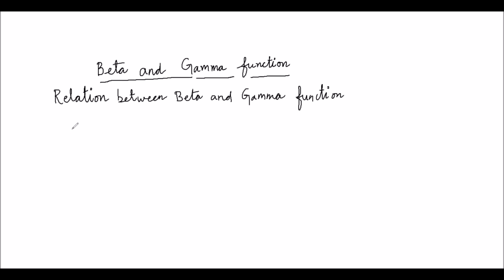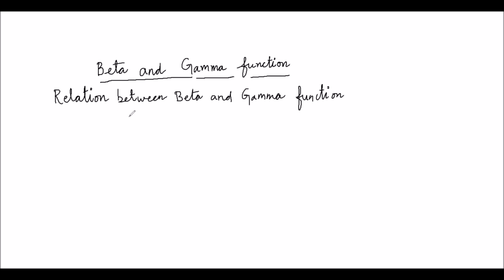So let us start with the relation. We will be establishing the relation here between beta and gamma function. We all know, we have discussed in our live sessions as well as in previous videos, the relation which we have between beta and gamma function.